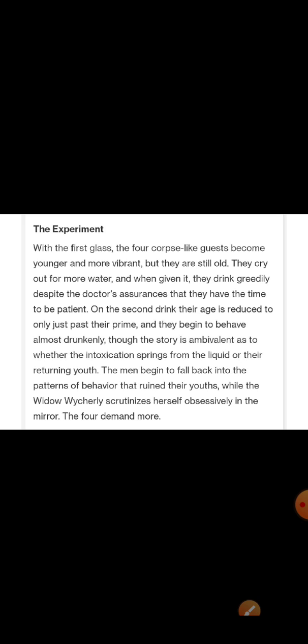It had a magical effect. Their whole body systems were rejuvenated. When the liquid was only passing through their throats, the guests felt the magic power of the liquid.